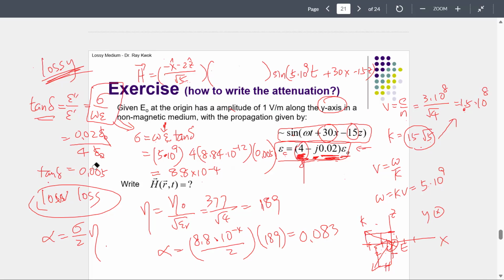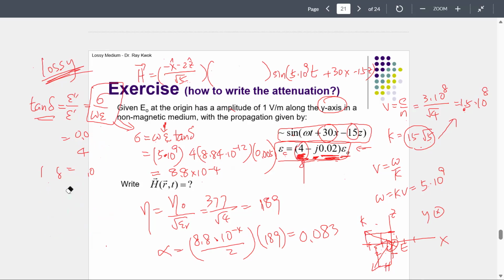I'm going to take this part off. Okay, how do I find the amplitude? Eta. Already found it, right? Eta, 190, right? So E naught over H naught is eta. Eta is 189.